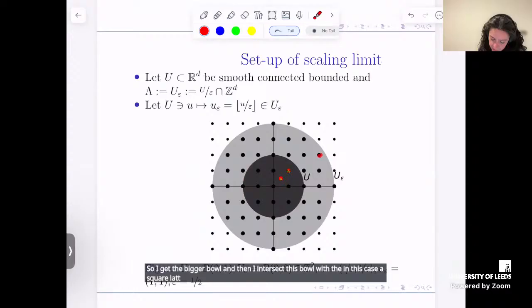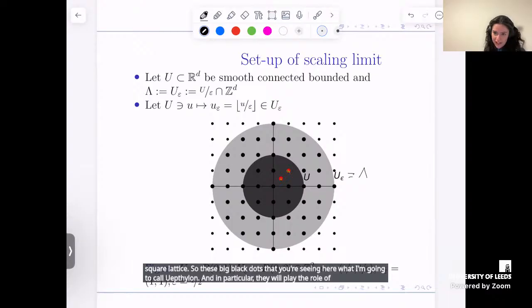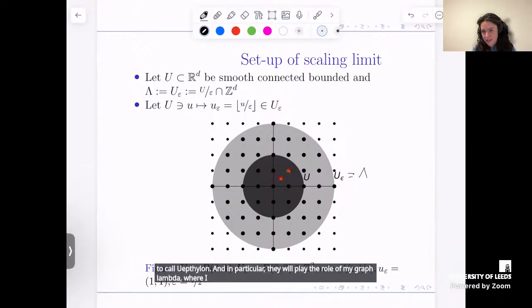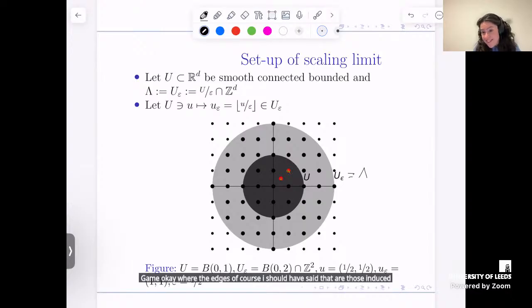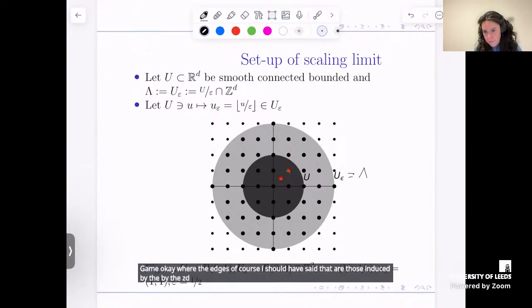So these big black dots that you're seeing here are what I'm going to call U_epsilon. In particular, they will play the role of my graph Lambda, where I'm going to play the UST and the ASM game, where the edges, of course, I should have said that, are those induced by the Z^d structure.